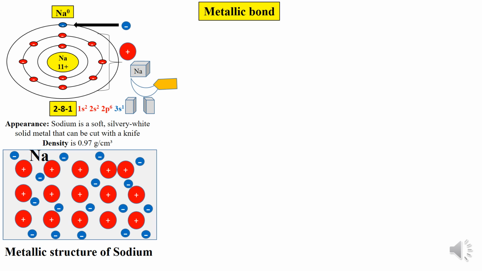And these loosely held and freely moving valence electrons give the metal its characteristic properties like good electrical conductivity, good thermal conductivity, malleability, that is, the metal can be hammered into sheets, and ductility, the metal can be drawn into wire. So sodium metal can also be drawn into thin wires. And it also gives metallic luster.